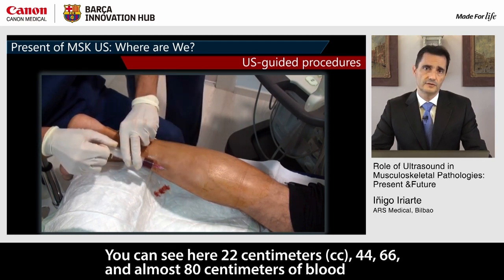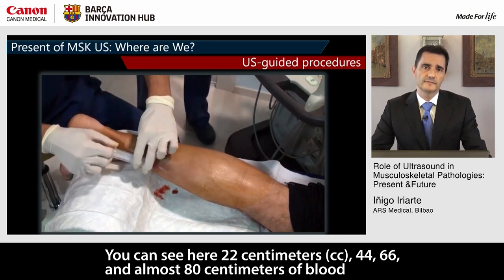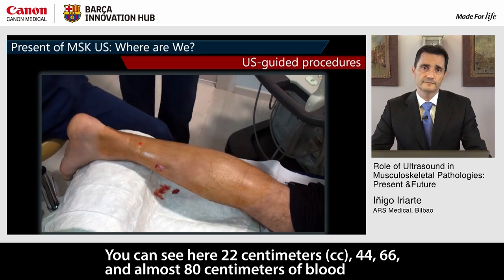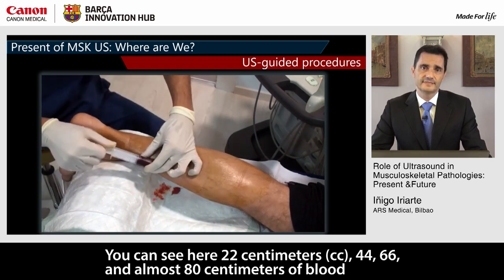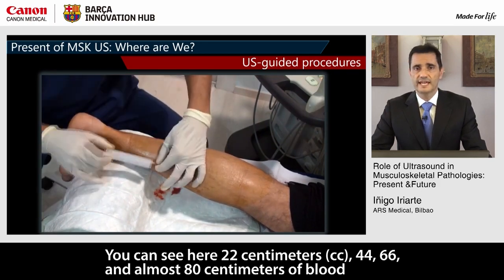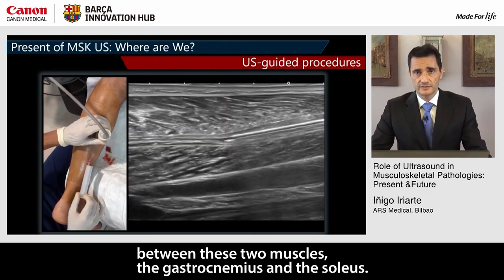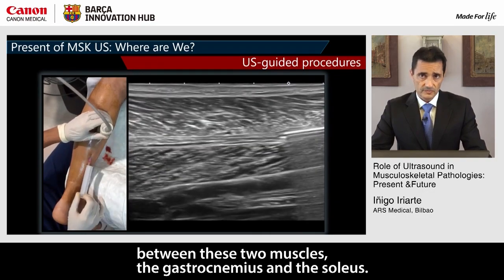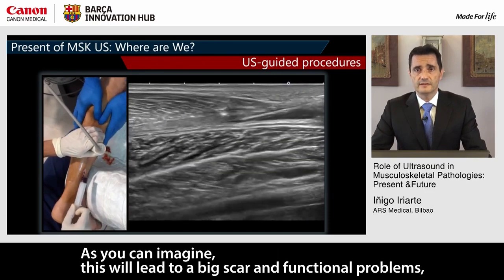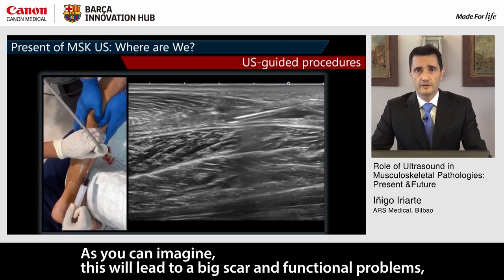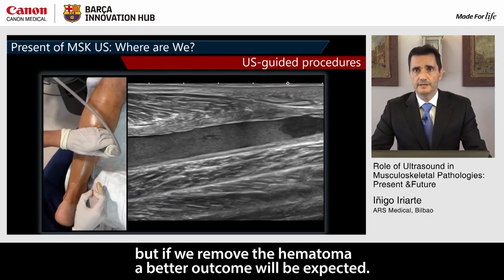You can see here 22 centimeters, 44, 66, and almost 80 centimeters of blood between these two muscles, the gastrocnemius and the soleus. As you can imagine, this will lead to a great big scar and functional problems, but if we remove the hematoma, a better outcome will be expected.